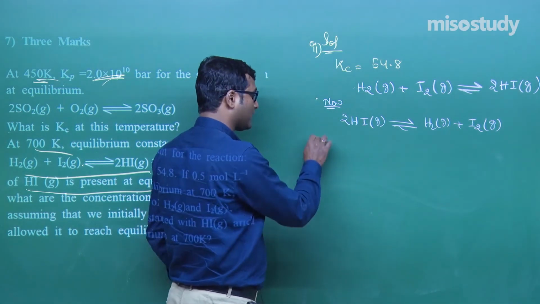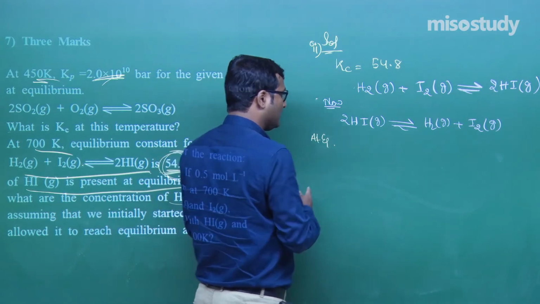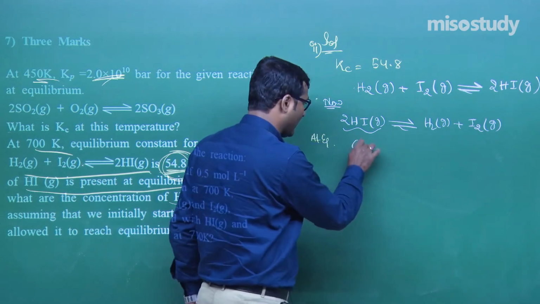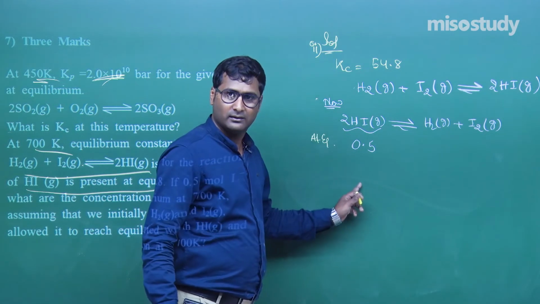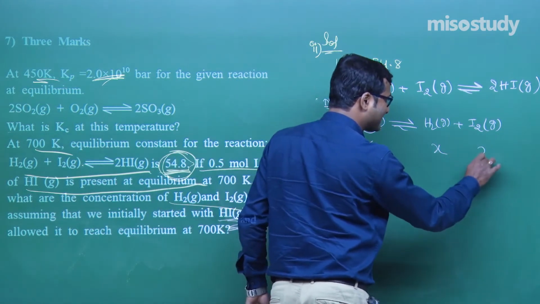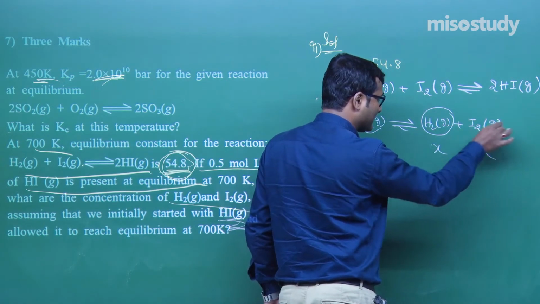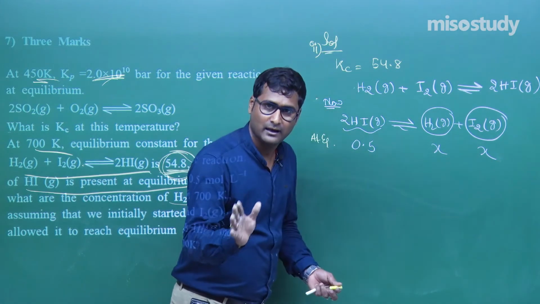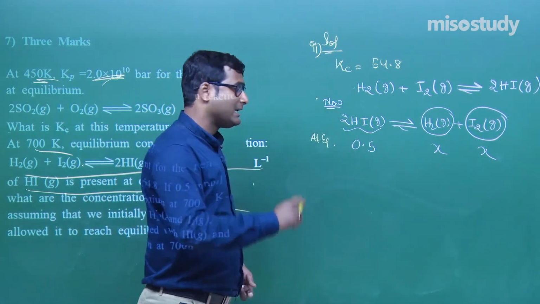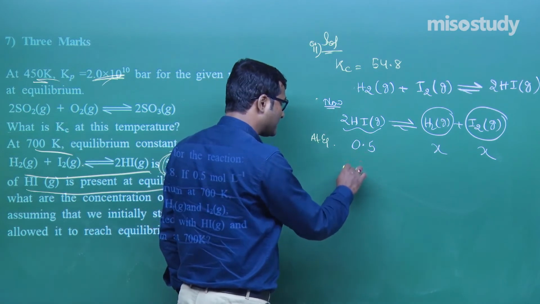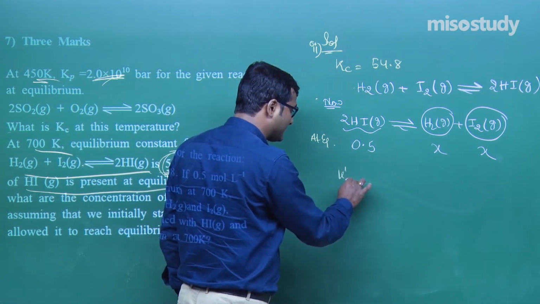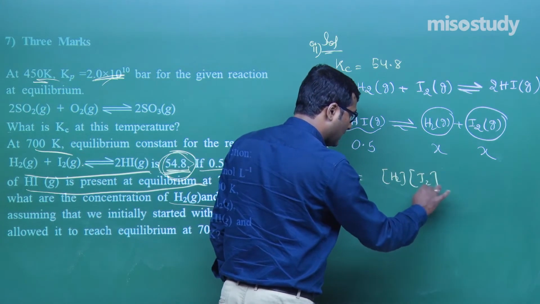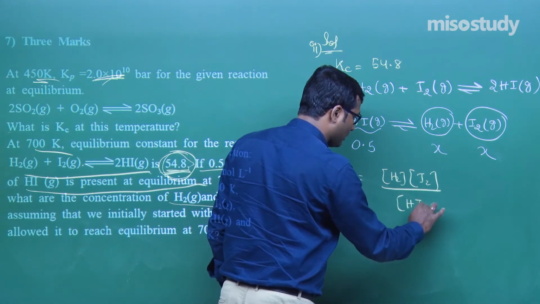This is not the end. In the question, at equilibrium the concentration of HI is 0.5. Given. Now the concentrations of H2 and I2 are X and X, and we have to find the value of X. Now we have reached the output. What is the expression for K dash C? Concentration of product upon concentration of reactant.